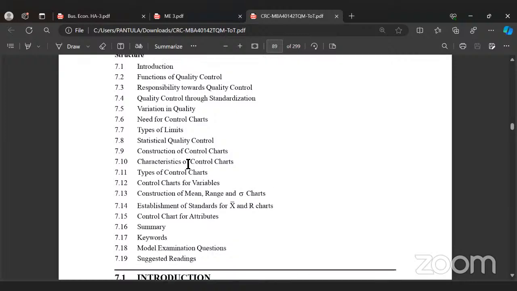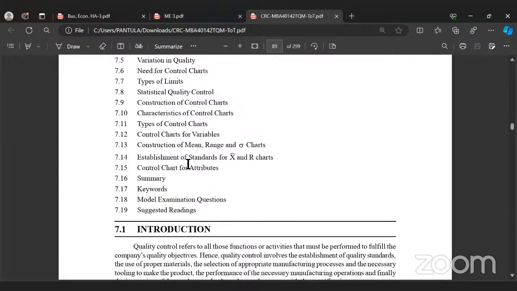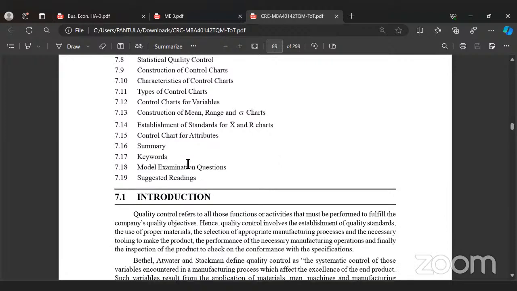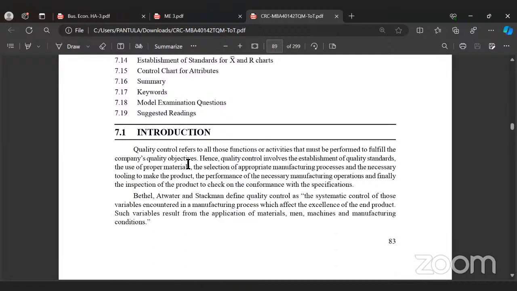The structure covers the function of quality control, responsibility towards quality control through standardization, variation in quality, need for control charts and types of limits, characteristics of control, types of control charts, control for variance, construction of mean, median, mid-range charts, and estimation of X bar and R charts.